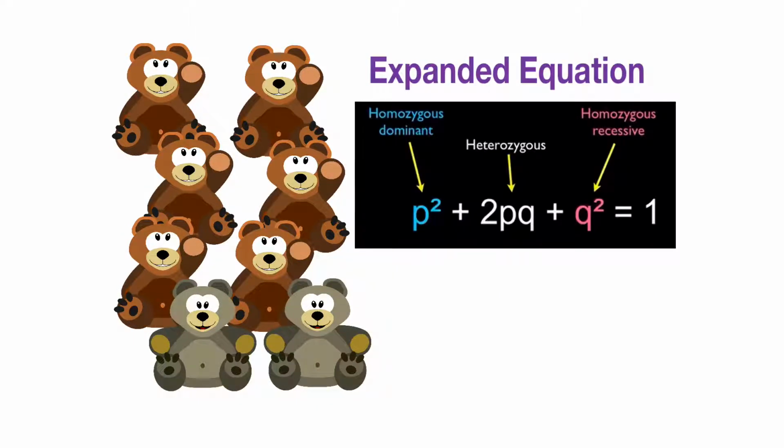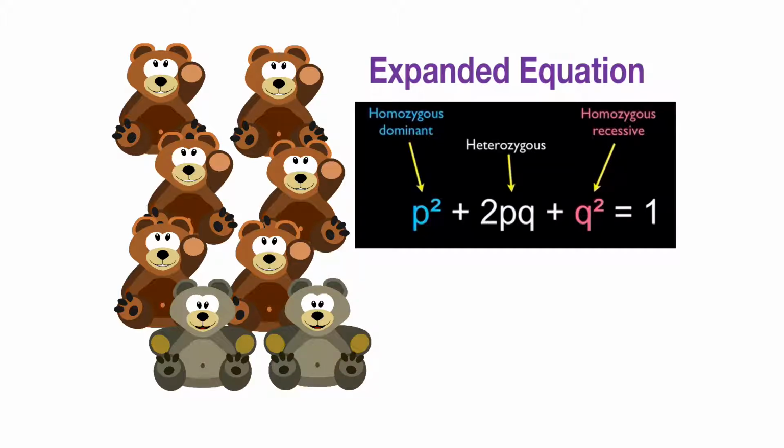Since we can't know the number of alleles or the frequency of the alleles by using the P plus Q equation and by looking at this picture, we have to use the expanded equation. And the expanded equation shows us percent in the population of each of these phenotypes. So P squared is the percent of homozygous dominant that we see, 2PQ is the percent of heterozygous dominant, and Q squared is the homozygous recessive.